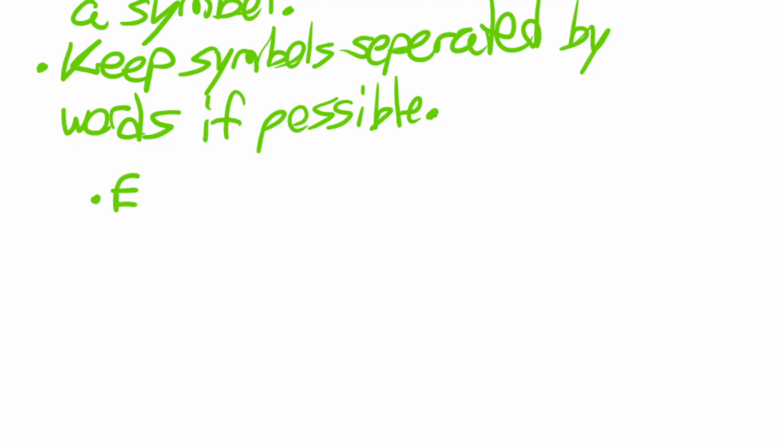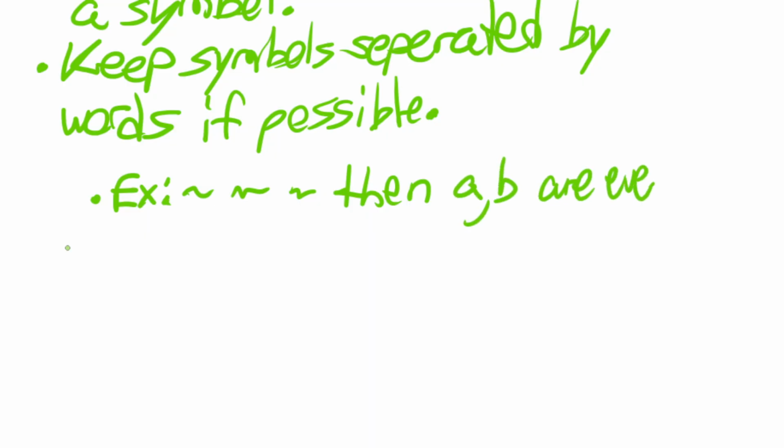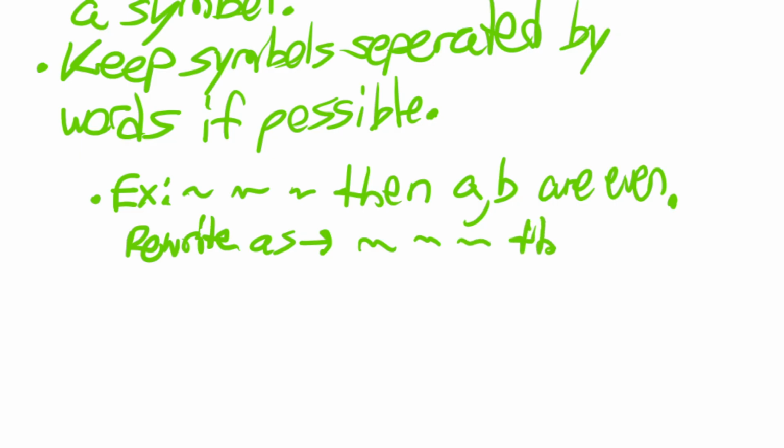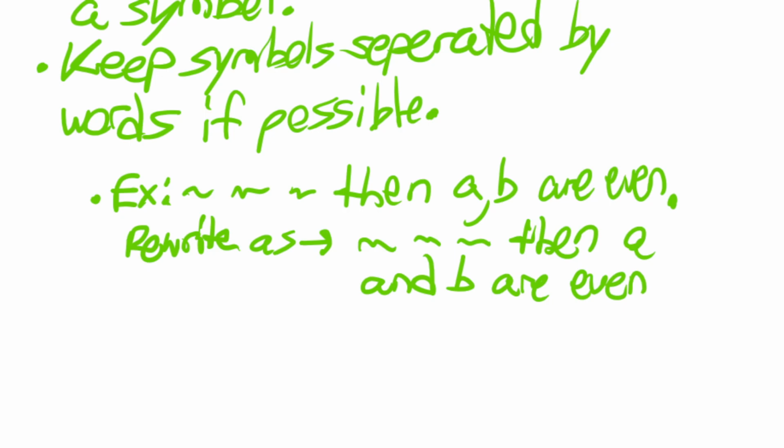So, an example, just say we have some words right here and then we show some symbols, then A, B, R, even. Well, a better way to write this would be to rewrite it as, just say these little squiggles are just words, and then we write it as A and B are even.